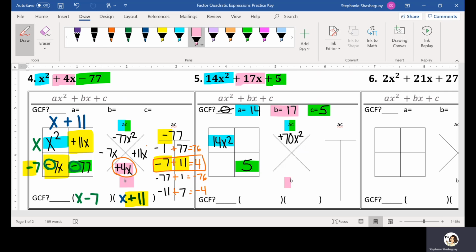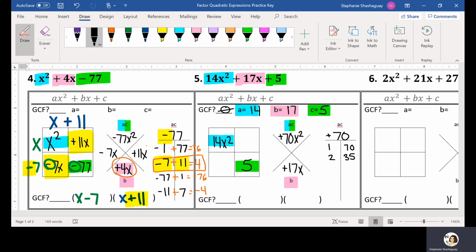My B term is just a positive 17x. So I need to figure out what are the factors of a positive 70 that will add together and give me a positive 17. Well, I have 1 and 70, 2 and 35.